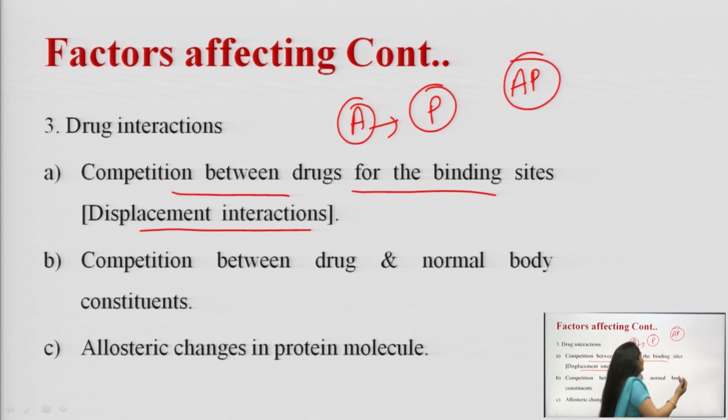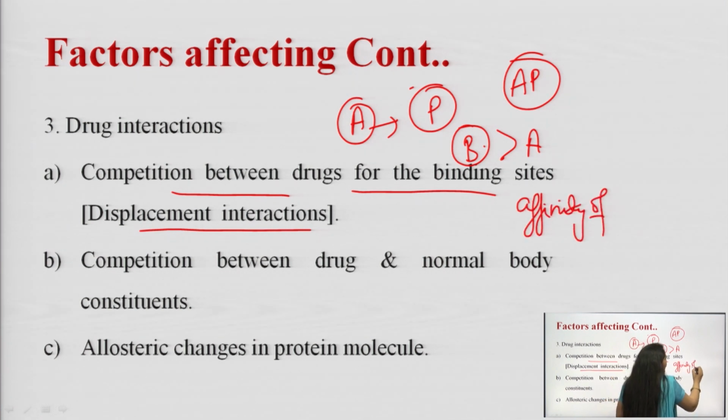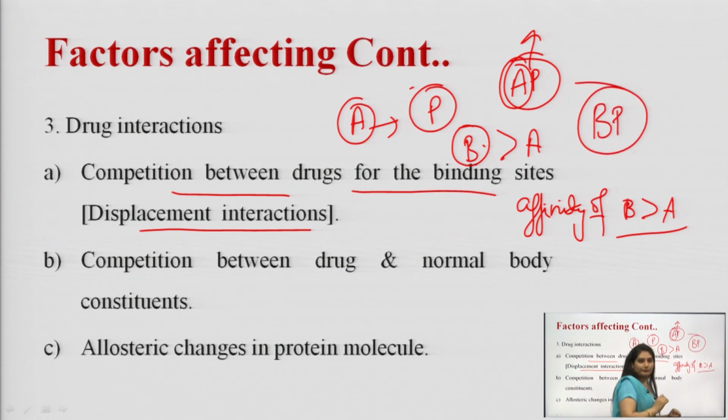After some time, if a drug B is administered and the affinity of B to bind at this particular protein is more as compared to drug A, in that case this B drug will displace the A from this and result in the formation of complex BP.